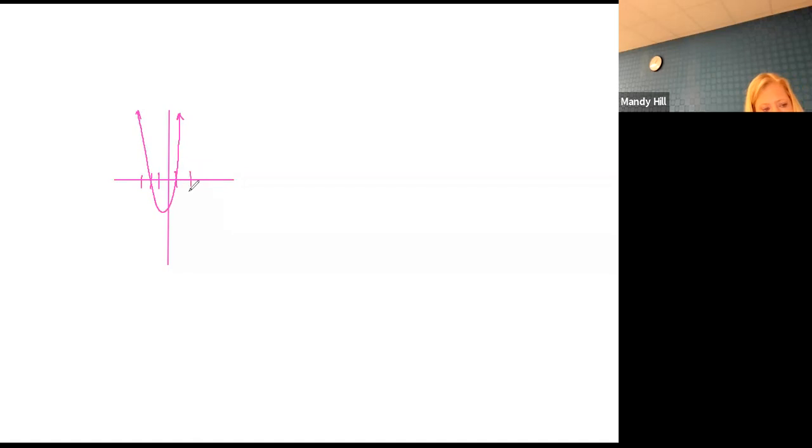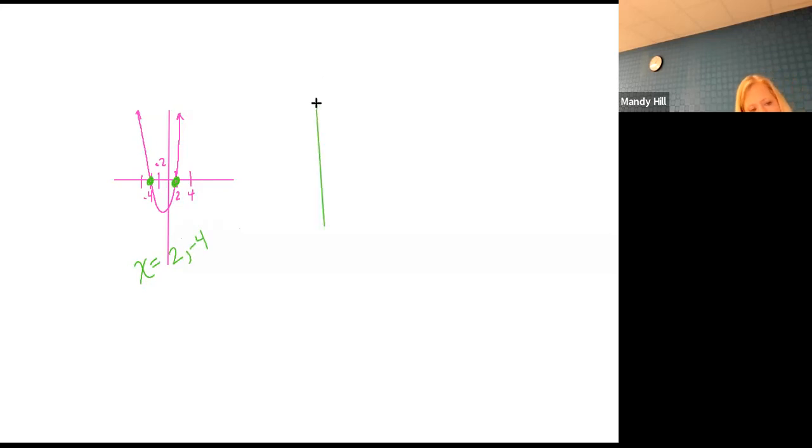This is labeled 4. So this would be 2. And you need to be careful because sometimes they don't go up by 1, 2, 3, 4. Sometimes this is going up by every 2 numbers. To solve this quadratic, all I have to do is look at the x-intercepts. Where does it cross the x-axis? Those are the answers. So the solution to this quadratic that's drawn here would be 2 and negative 4.